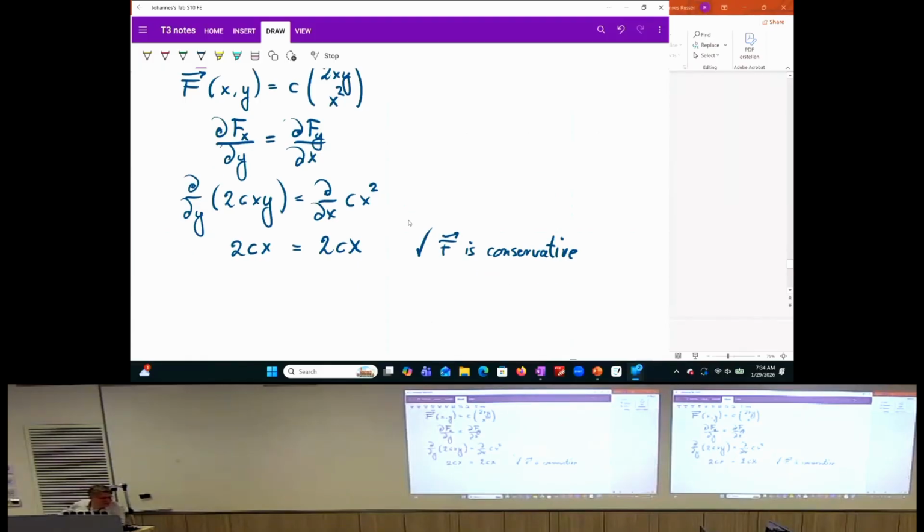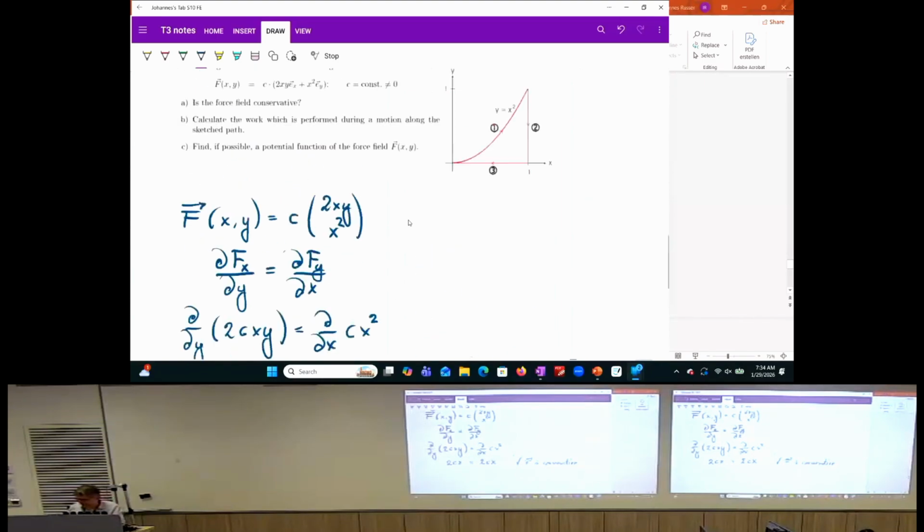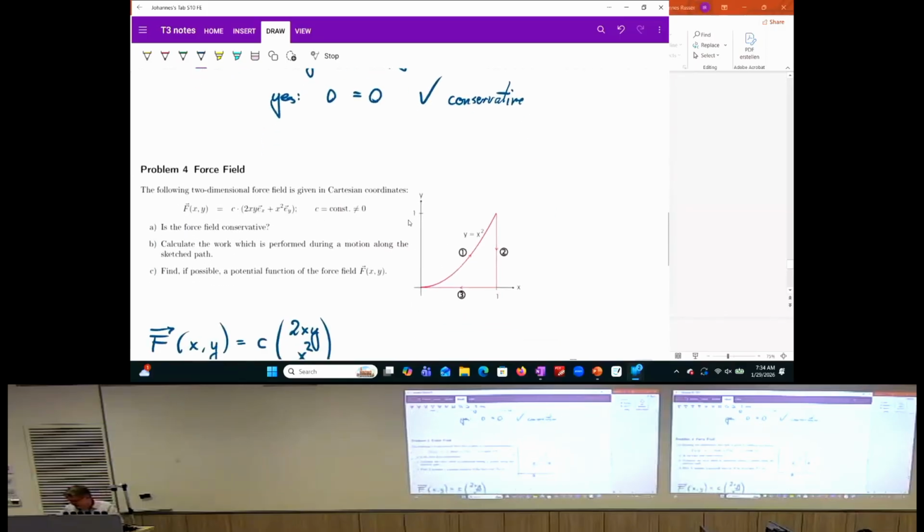So B: calculate the work which is performed during the motion along the sketched path. You see here a coordinate system. The force field is not plotted, but the path that we want to integrate over is plotted. It starts here at the origin.